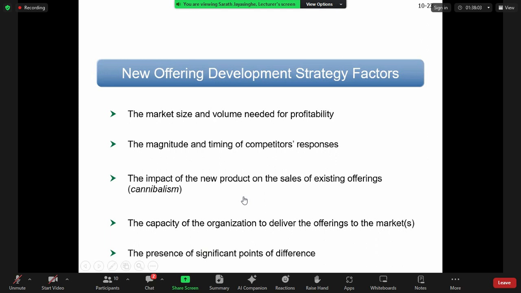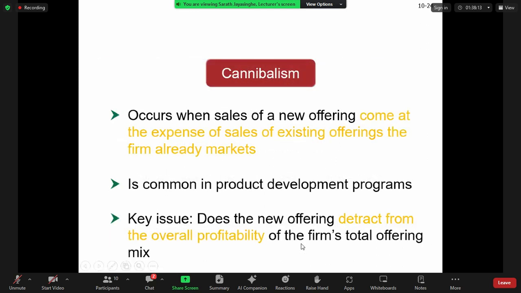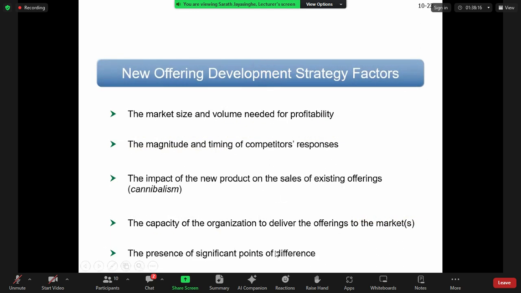That is called cannibalization, so you have to think about that. Also the capacity of the organization to deliver the offering to the market and the presence of a significant point of difference. Yeah, branding. When we do branding, we promote differences. We are trying to make something different, a unique product.